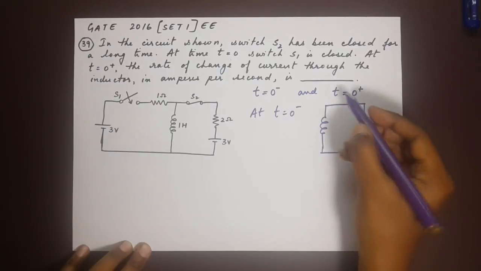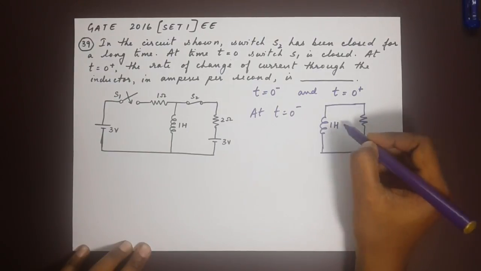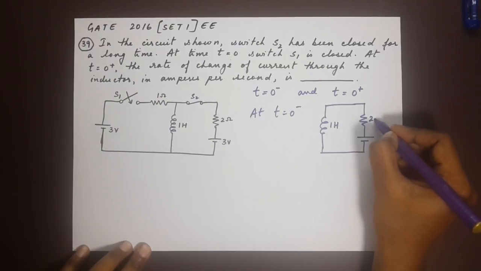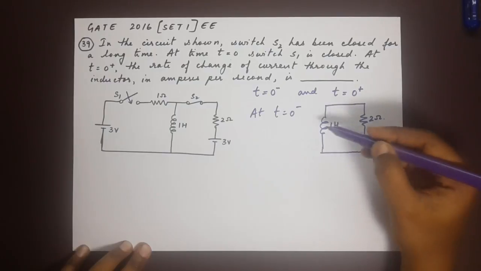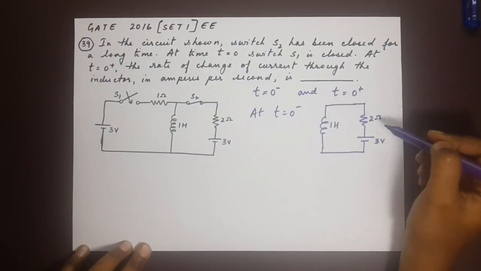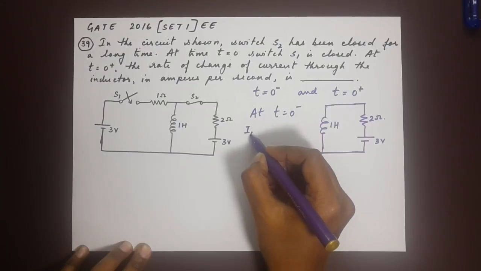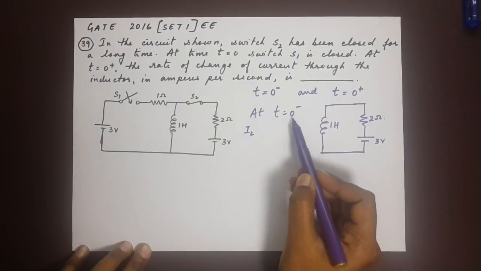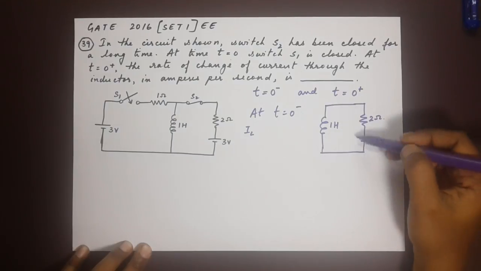Now here the current that is passing through this inductor is the same as the current that is passing through this branch over here. Because these two are connected in parallel, the current passing through the inductor at t is equal to 0 minus would be the current that is passing through this branch.